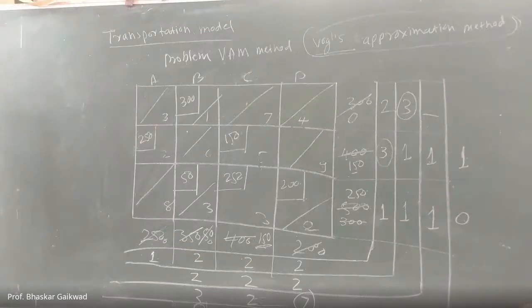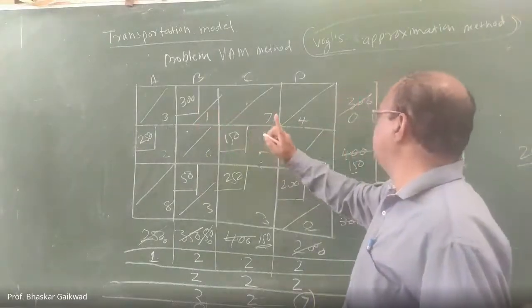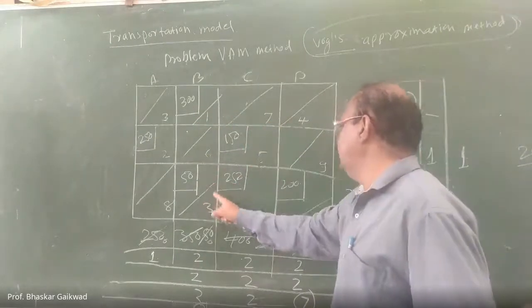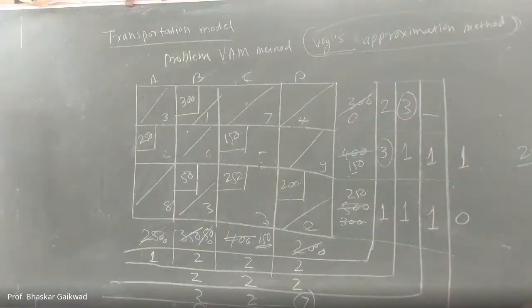So my answer is 250. After multiplication of this plus this, my answer is 850 as usual.